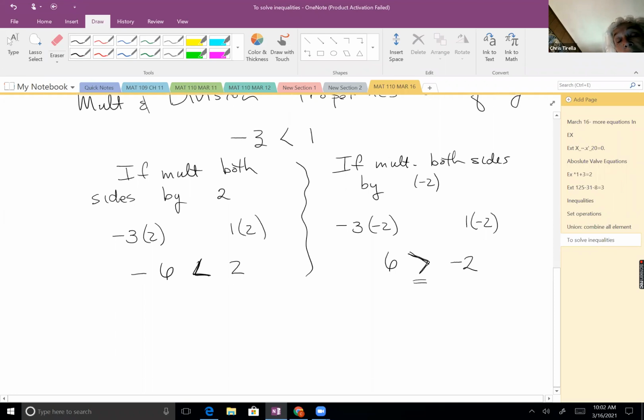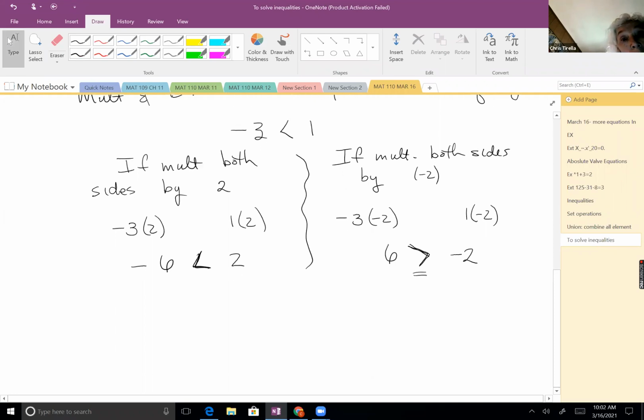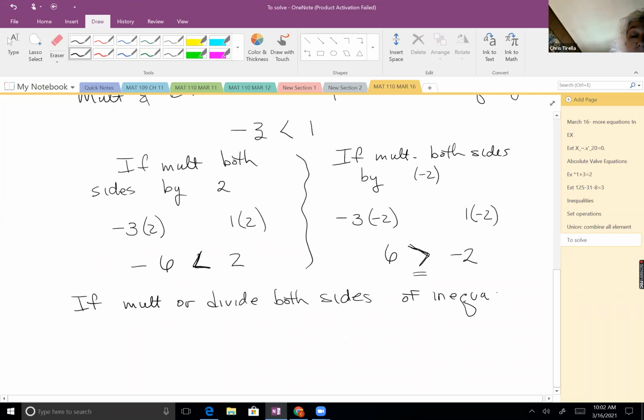So with multiplication and division with an inequality, if you multiply or divide both sides of an inequality by a positive, the direction remains the same.